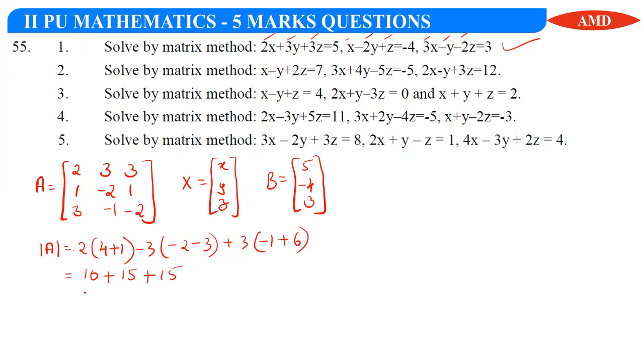So it is 30 plus 10, which is 40, which is not equal to 0. The determinant of A is not equal to 0, which means the solution exists. So we can go ahead now.